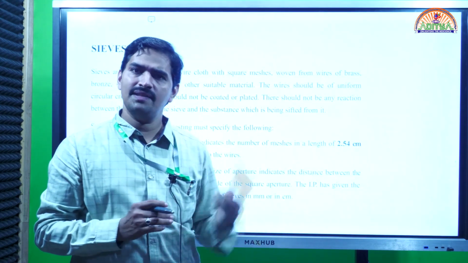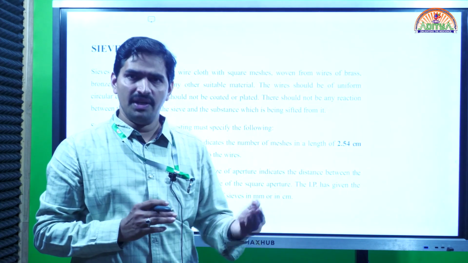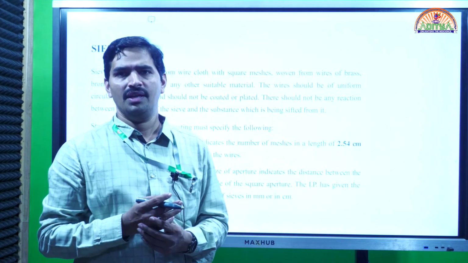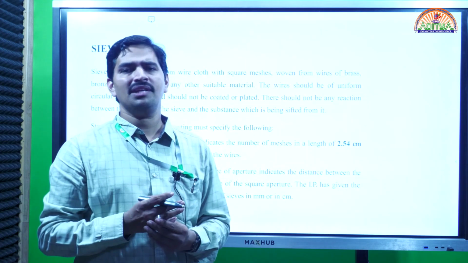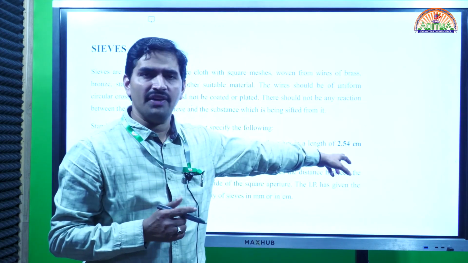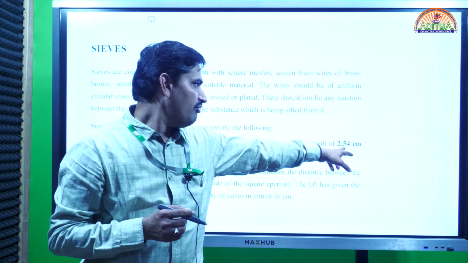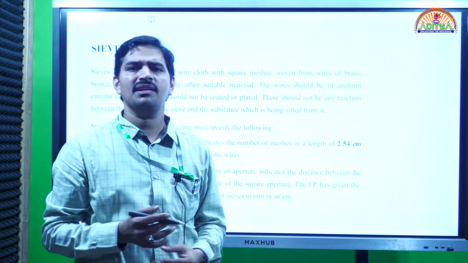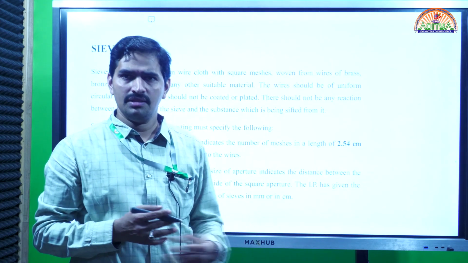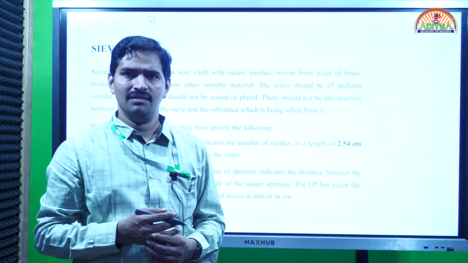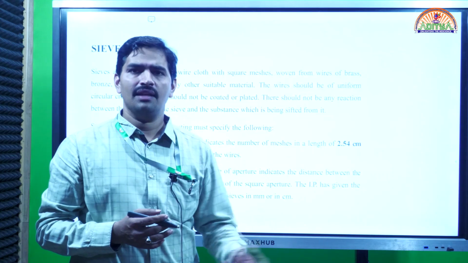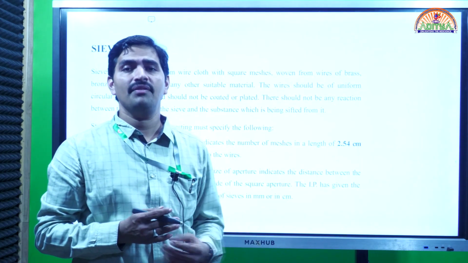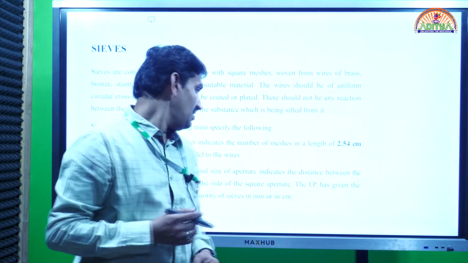Already we have discussed sieve number 10 in the definitions of various particle sizes. Sieve number 10 means that in any length of 2.54 centimeters on a sieve, the number of openings is 10. If it is 60, there are 60 openings. If it is sieve number 80, it has 80 openings.